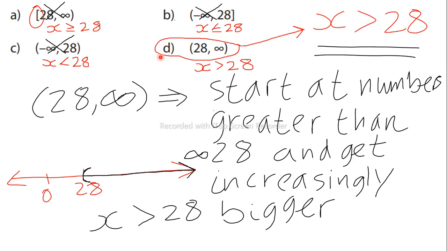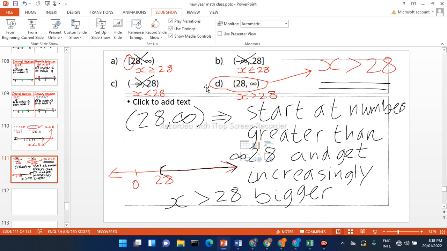So you'd be left with C and D, but you know that it can't be C because you're getting smaller and smaller. But we actually want to start at numbers greater than 28 and get increasingly larger. So that's why D would be a better choice, even without going through it in detail like we did just now. So just bear that in mind.